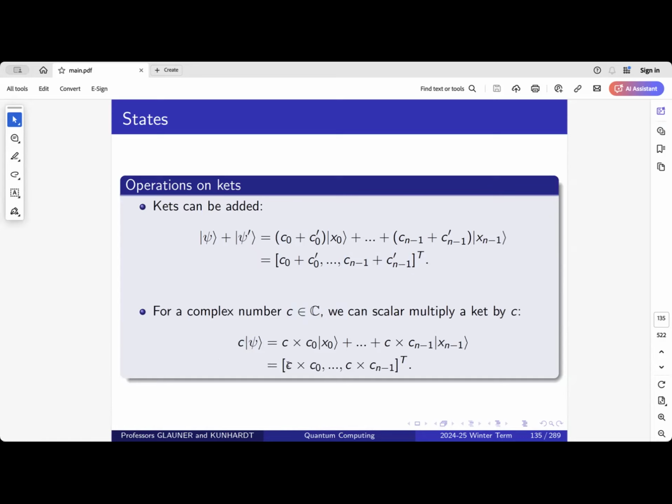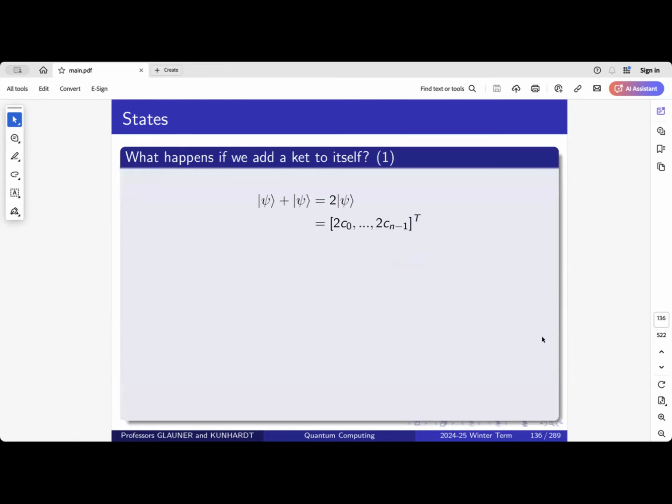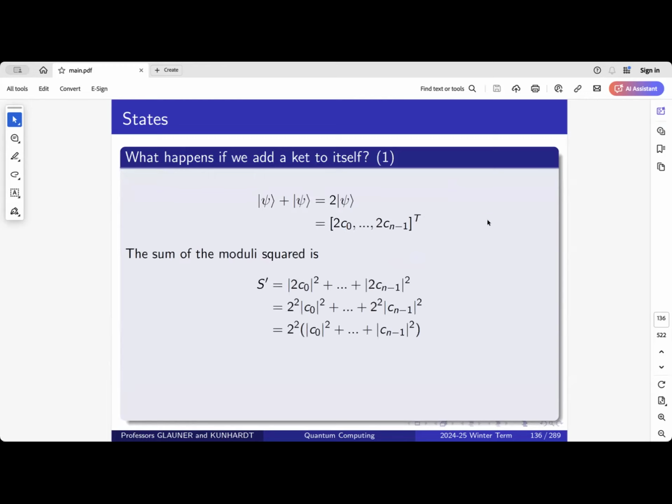That means you multiply each entry with the complex number, as you would do with regular vectors. The literature discusses some other things in detail, like what happens if you have a vector psi and you add it to itself. In fact, this is 2 times the vector. So you just multiply 2 with each element.